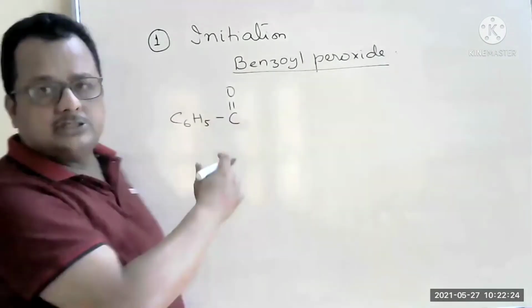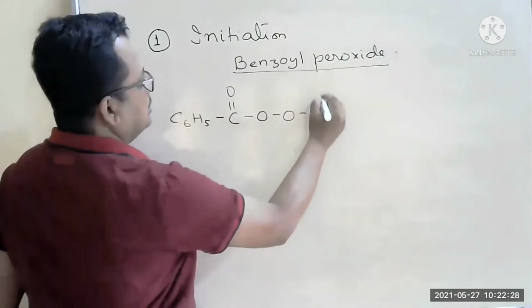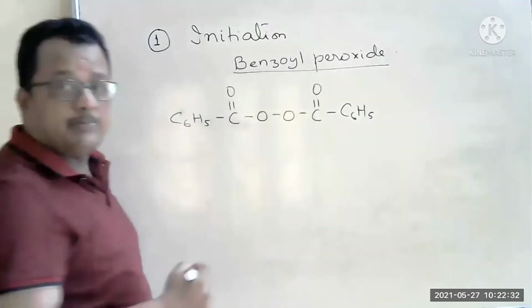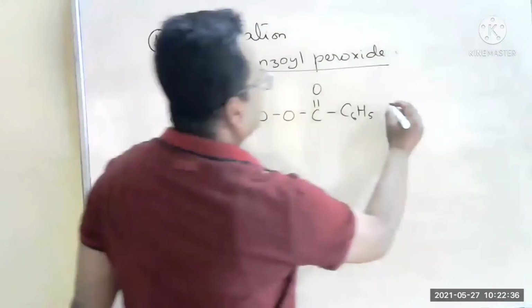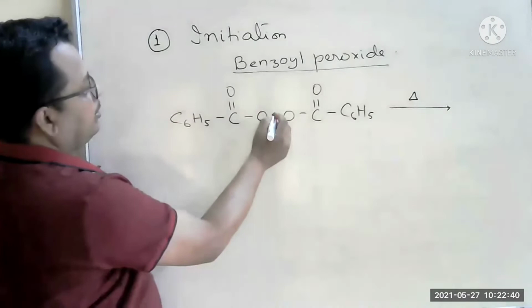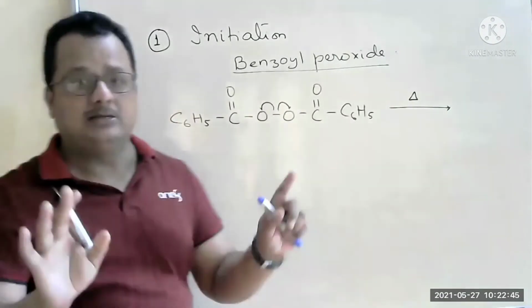This is your benzoyl group, then we have the peroxy linkage. So it is called benzoyl peroxide. Now, when you supply heat, there will be homolysis here. This peroxy linkage will be broken.